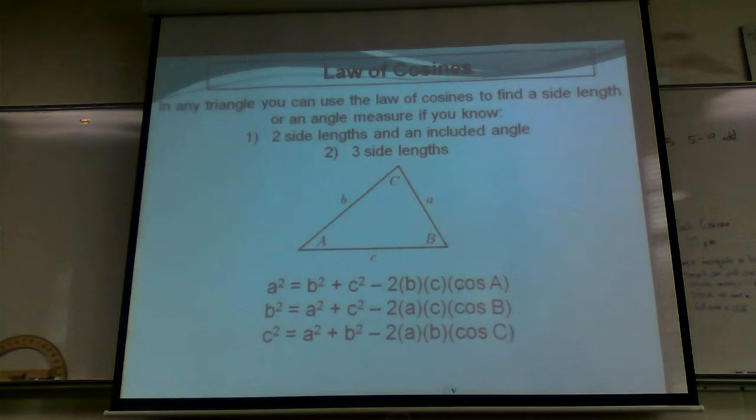The law of cosines is essentially the three formulas at the bottom. They're exactly the same, they're just interchanged with the letters. Now this triangle that's drawn up there has the capital letters A, B, and C being the angles, and the lowercase a, b, and c being the sides opposite the angles, like little a is opposite capital A, little b opposite big B, and so on.